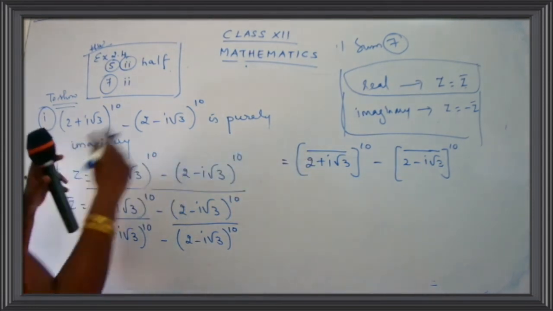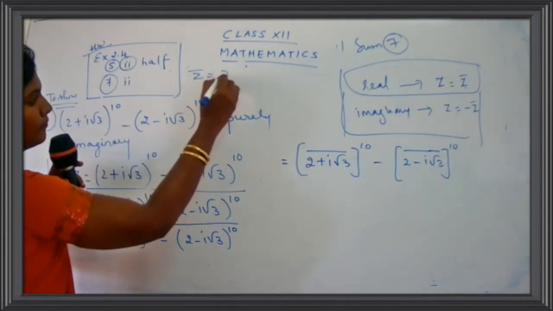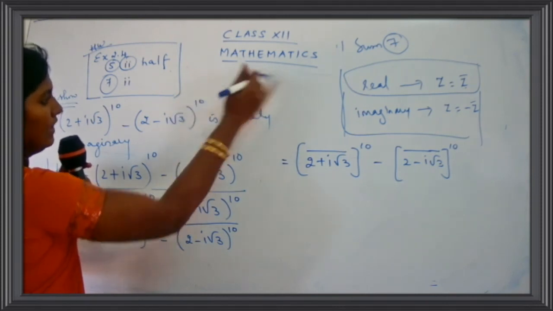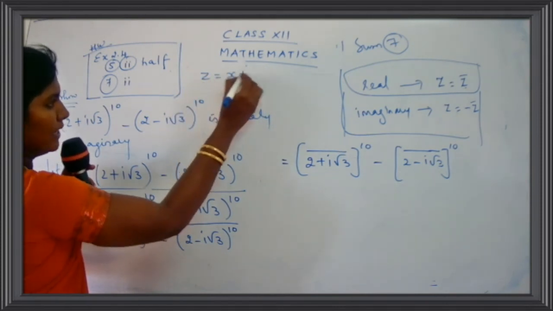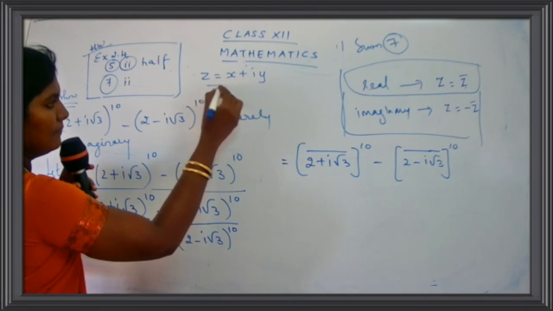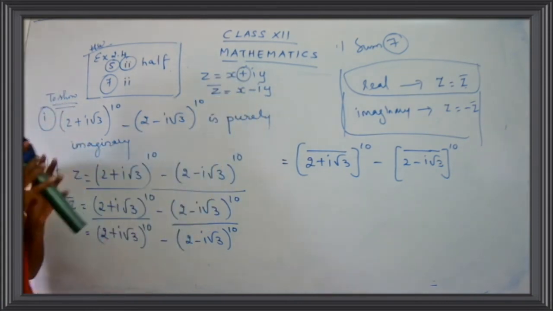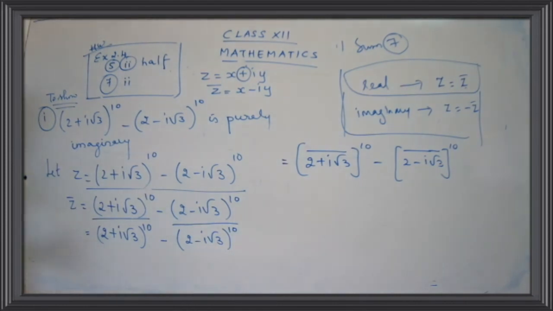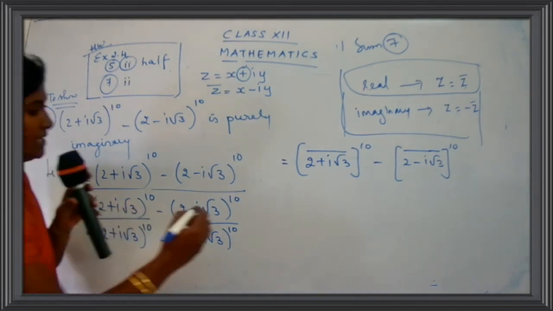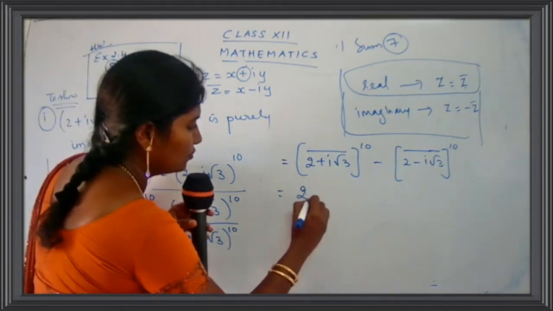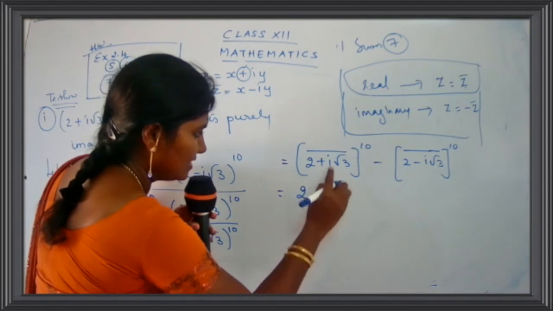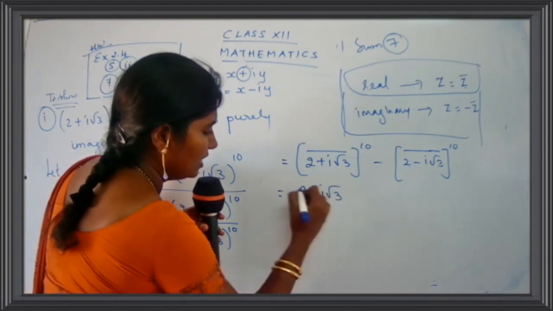We know the meaning of conjugate. What is the meaning of bar, children? Bar means if you have z equal to x plus iy, z bar will be x minus iy. You have to change the middle sign. Let us change the sign. So what you get here? 2 plus will change to minus, i√3 whole raised to 10.